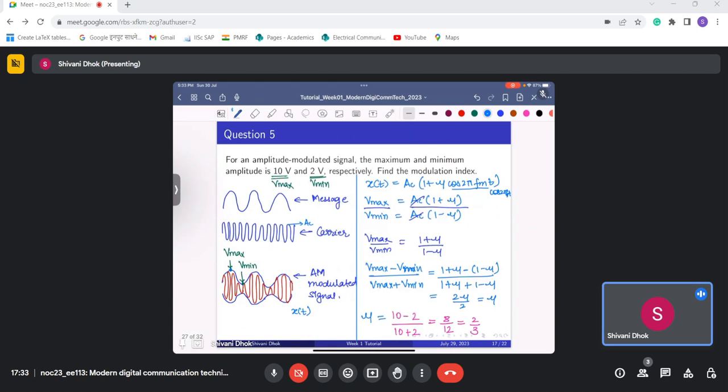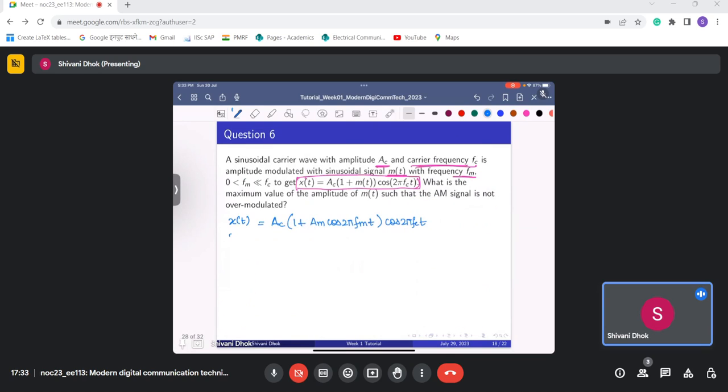Now we had seen the standard formula here, so we compare this x(t) with AC (1 + μ cos 2πFMt) cos 2πFCt. By comparing, we know that μ is equal to AM, the amplitude of the message signal in this amplitude modulated signal.